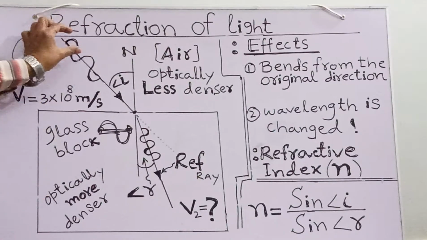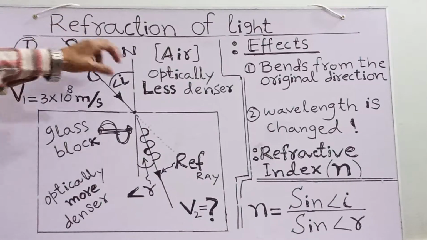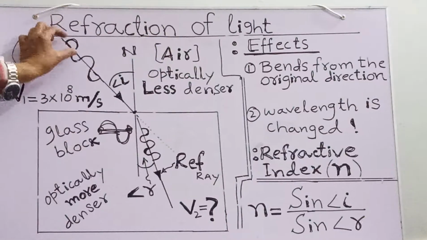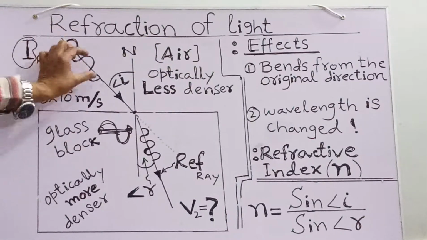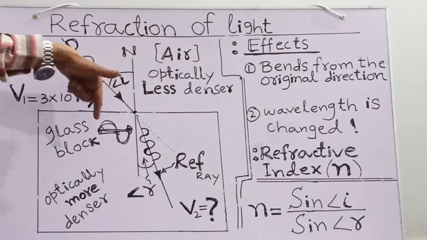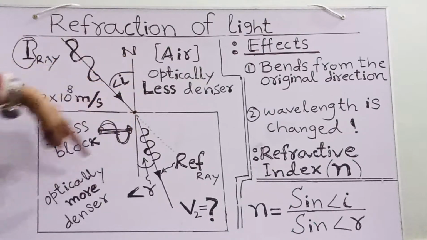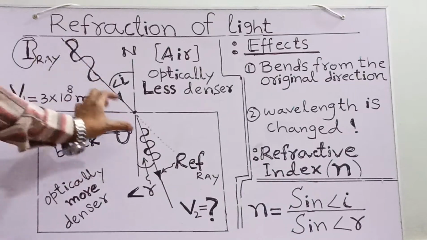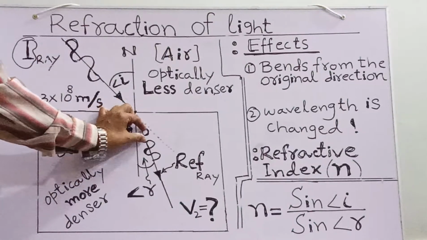So here the wavelength is greater, or longest, when the light is in the optically less dense medium, or in the air. Waves are covering larger distances. But when the light travels in an optically denser medium, in water or in glass, then the waves contract and the wavelength decreases.